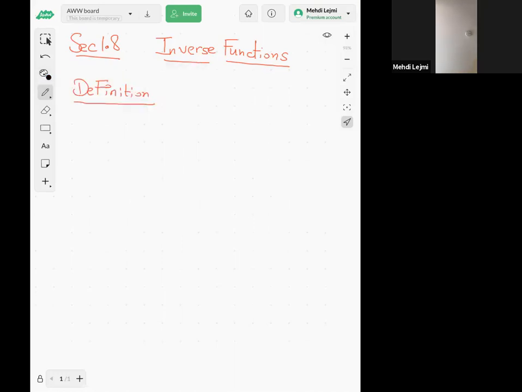So the inverse of a function f of x is a function. Let's call this function g of x.